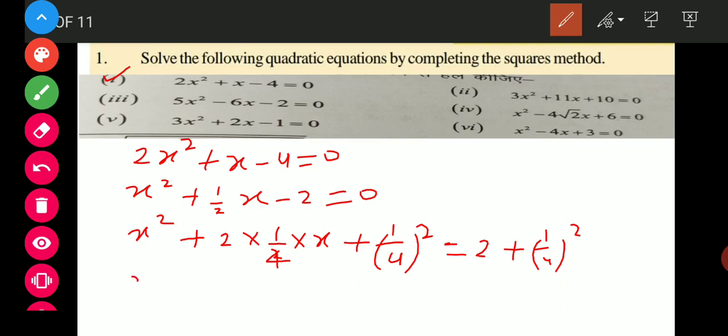So what will happen? It is x plus 1 by 4 whole square is equal to 2 plus 1 by 16.